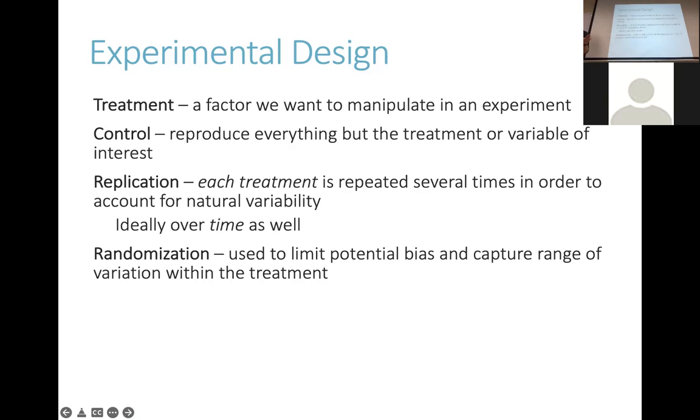So that might mean where you place the test tubes in the lab, or if you have them all in a test tube rack, you're not going to add the same amount of fertilizer to one entire row. You're going to totally randomize where you add those different levels of fertilizer. This limits the bias and can help capture variation. So randomization is critical. And we'll be applying all of these in lab.